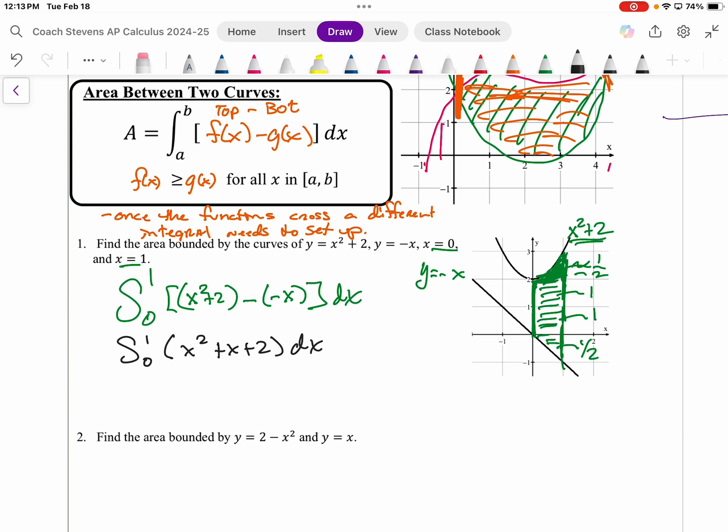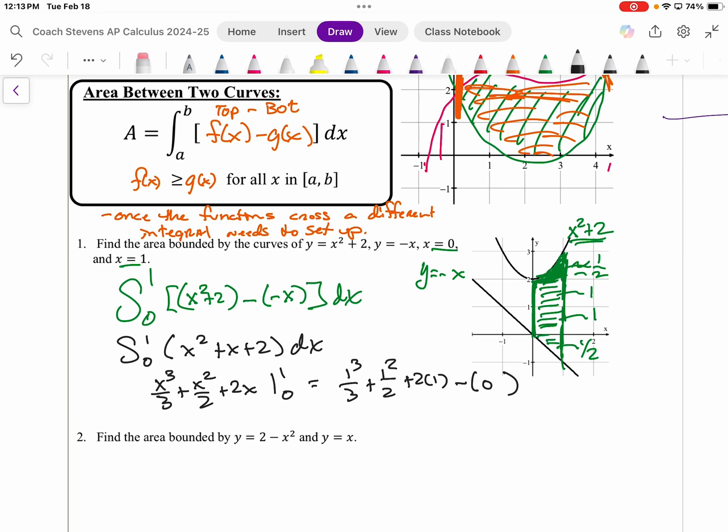Distribute the negative and the minus. Rearrange it. And then now we would have x to the third over 3 plus x squared over 2 plus 2x evaluated from 0 to 1. And then we would go through and say, okay, it's 1 cubed over 3 plus 1 squared over 2 plus 2 times 1 minus, and technically it's 0 because everything else goes in there 0, so we don't have to do the second one all the way through.